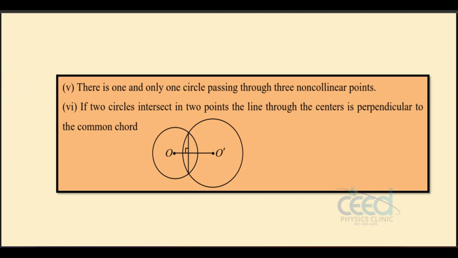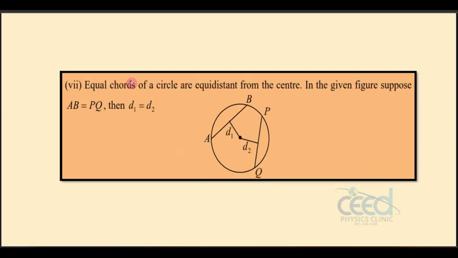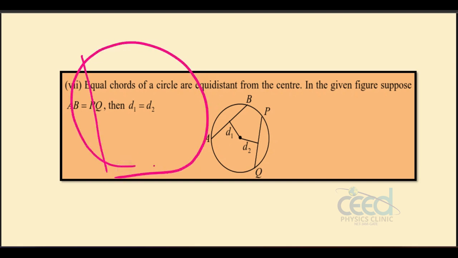All right. Now another point is, see, equal chords of a circle are equidistant from the center, right? That means suppose you have drawn a circle, here you have drawn a chord, here another chord.